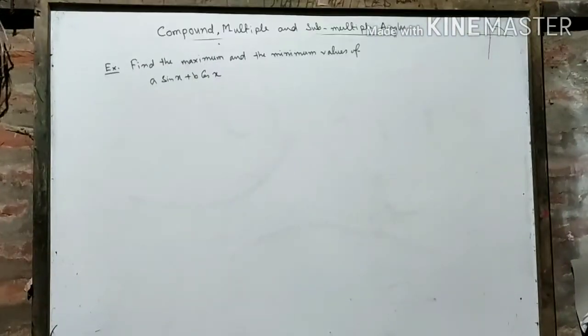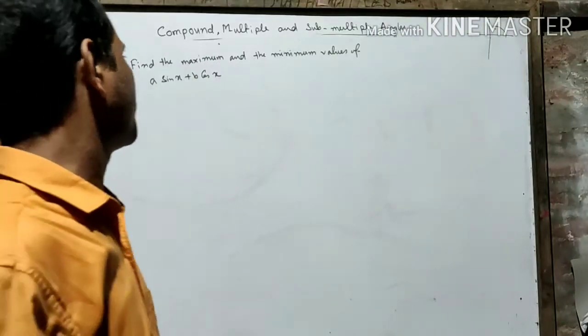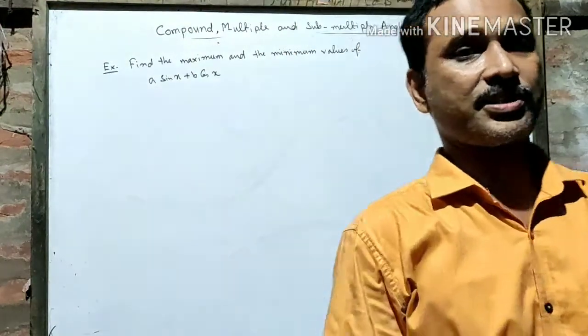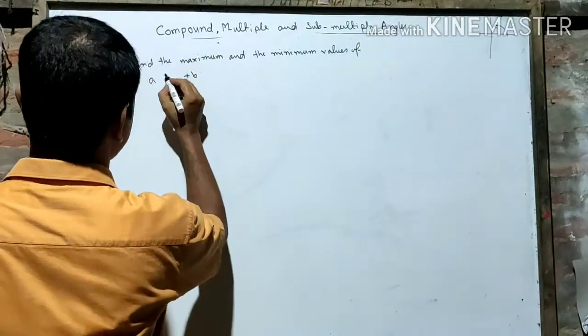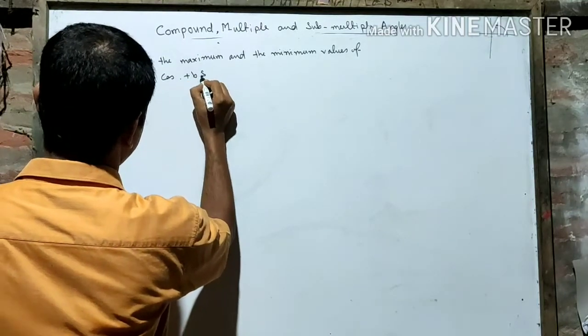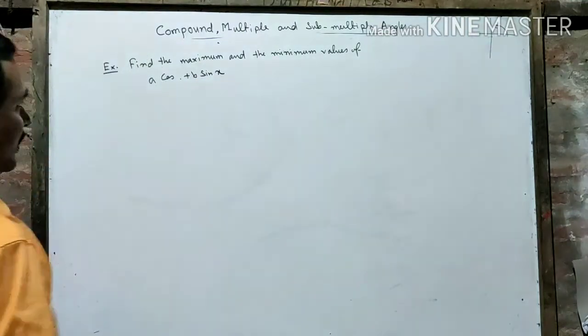We have to find the maximum and the minimum value of A cos x plus B sin x.